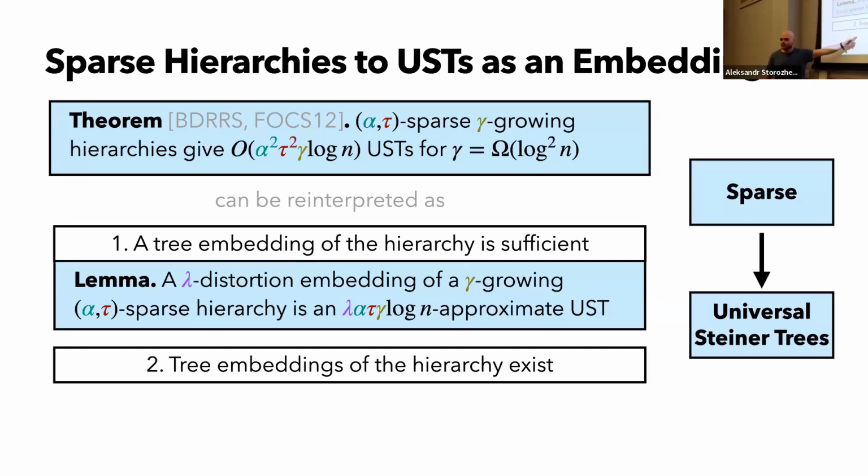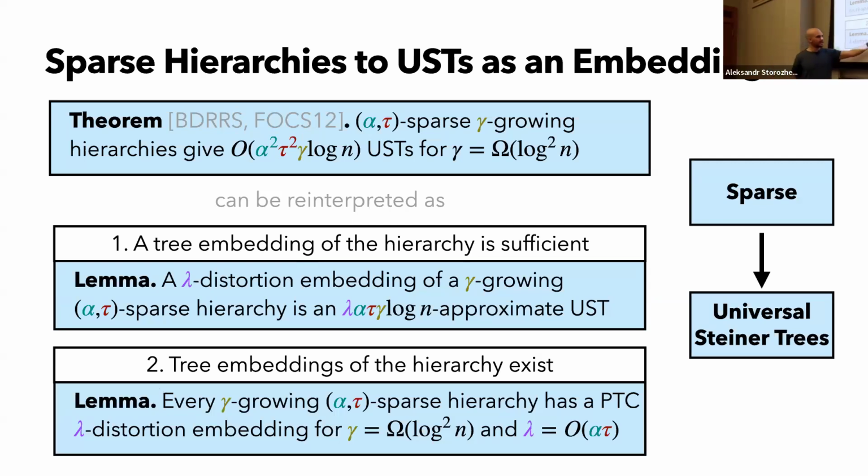The second point says we can actually come up with tree embeddings of the hierarchy. So if you give me any gamma growing alpha tau sparse hierarchy, it always has a lambda distortion embedding into a tree, as long as gamma is at least log squared n, and the quality of this embedding, the lambda factor here, will be alpha times tau.